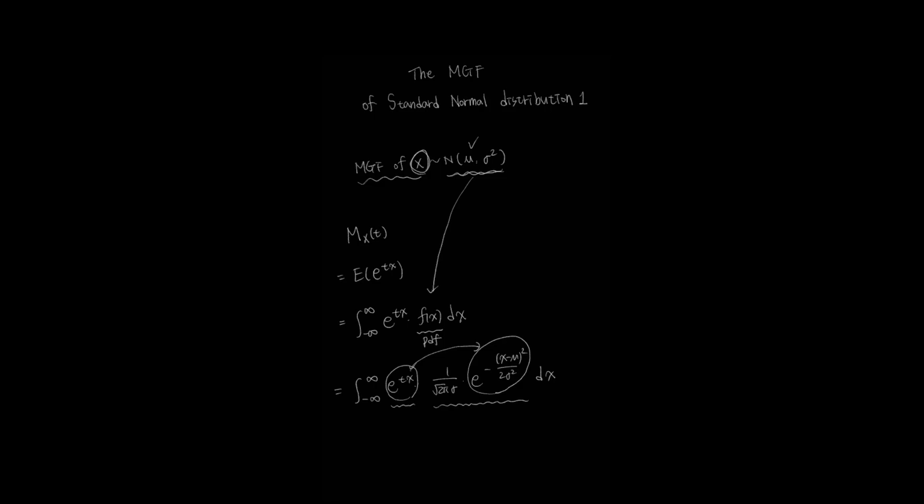Finally, we're going to use the concept that the integral of the whole range of the PDF is 1. So we're going to use that to get the MGF of the normal distribution. It sounds a little tricky right now, so let's just start doing it.